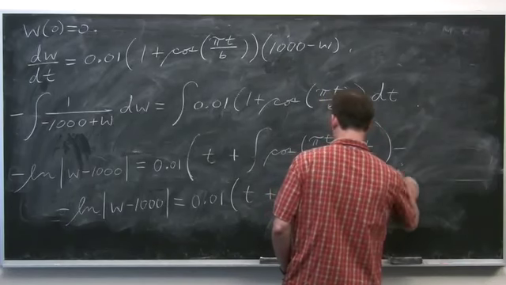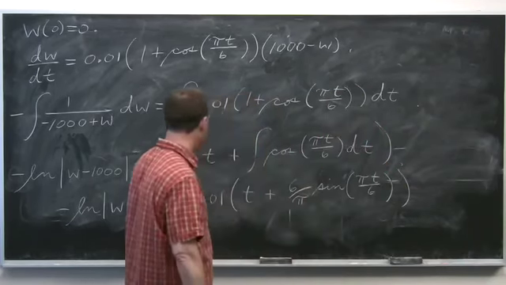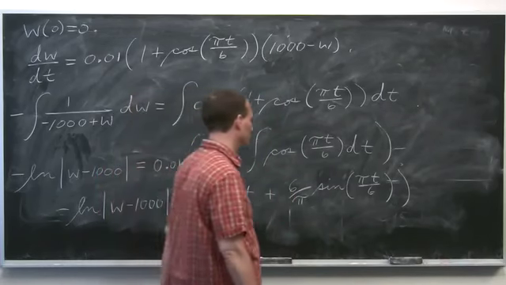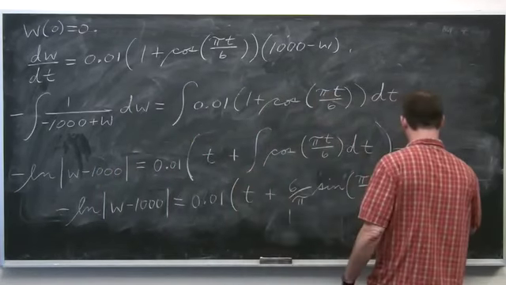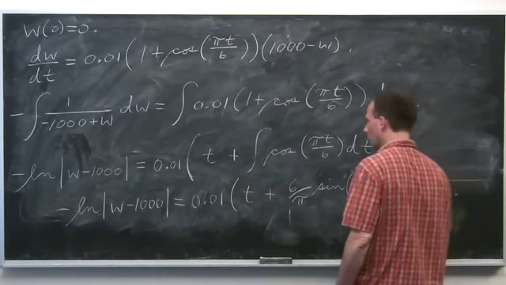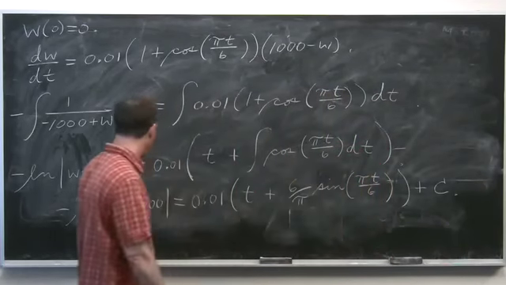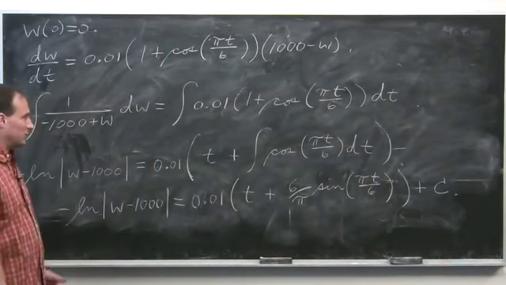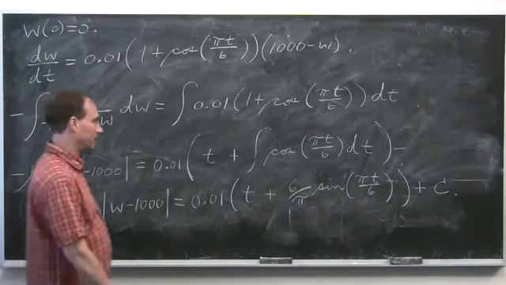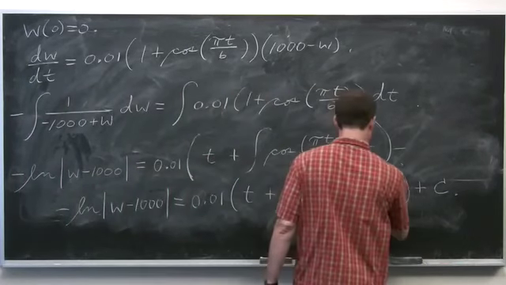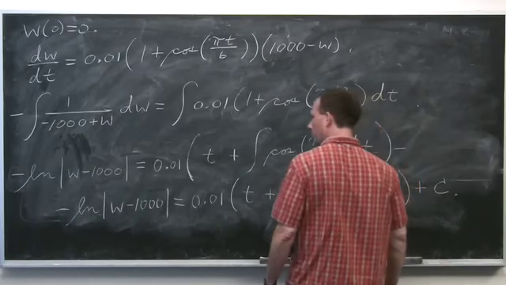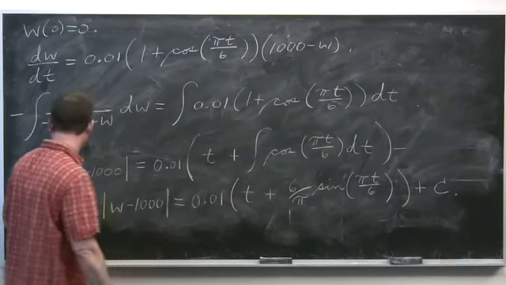And then we could have a plus c that's also multiplied times the 0.01, but that would just be another arbitrary constant for us. So I'll just put a big plus c over here. All right, that's what you get. It's not so attractive, but it's not so bad.